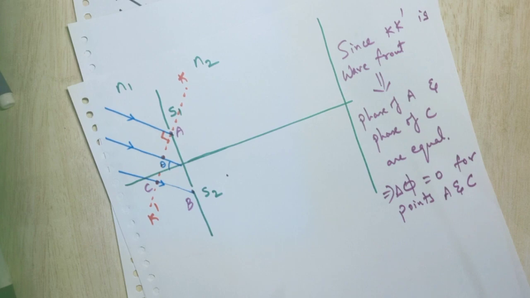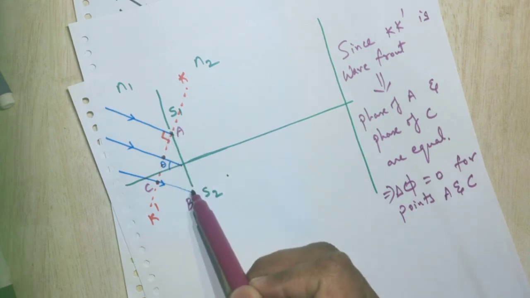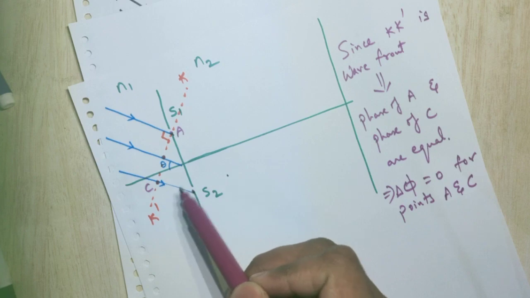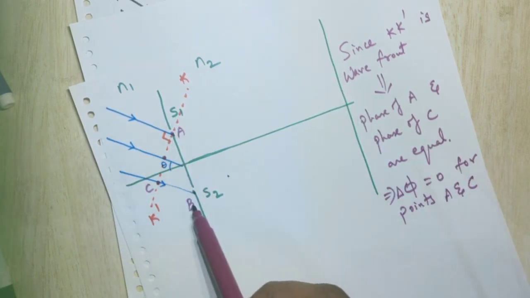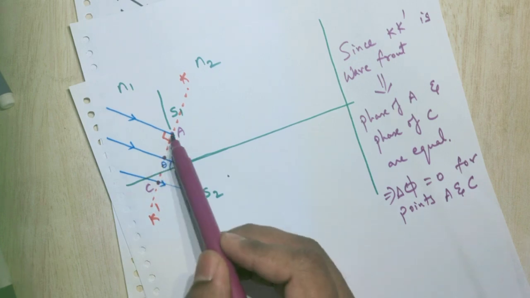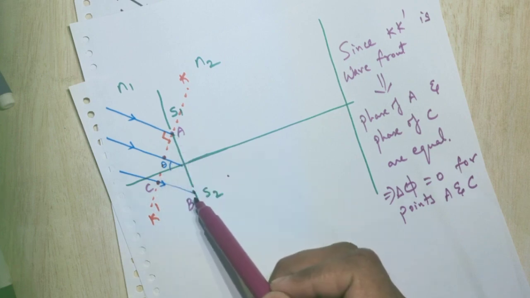Obviously both will have the same frequency, that is the meaning of coherent waves. But in this particular example, A and B do not have the same phase. What have the same phase? A and C have the same phase.